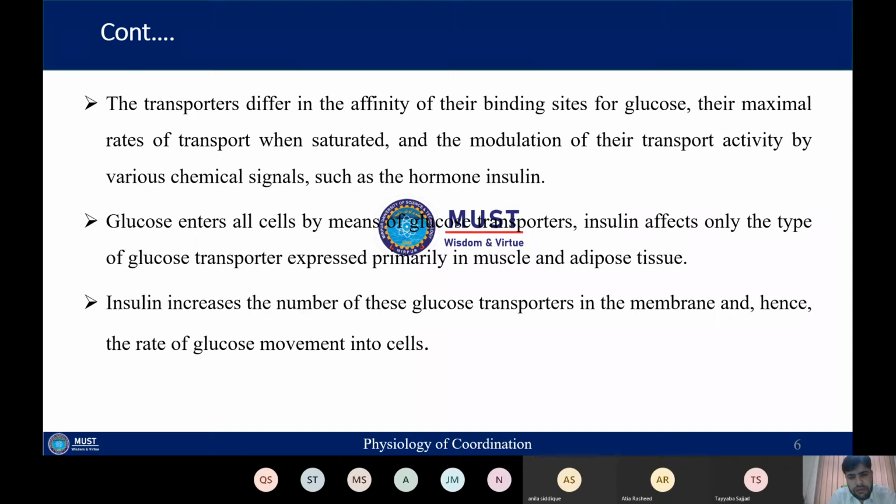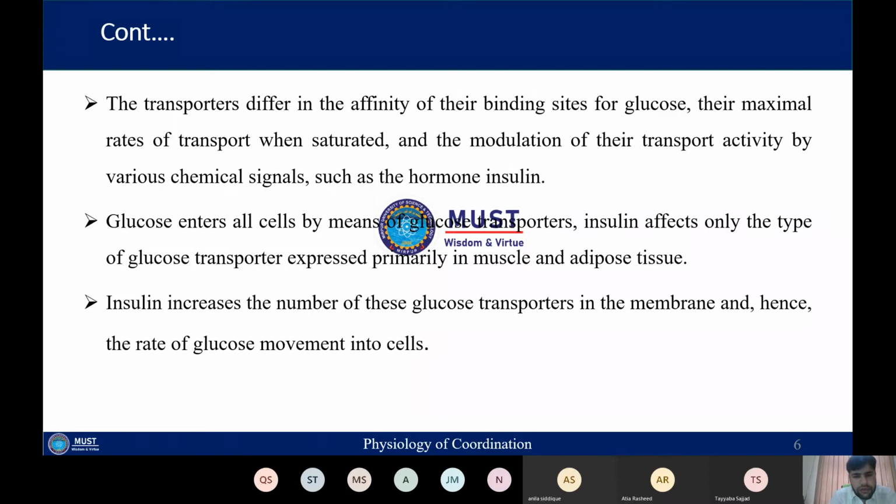So even when there is a maximum rate of glucose transport across the membrane, certain chemicals and hormones, specifically insulin, can modulate the glucose concentration inside the cell.